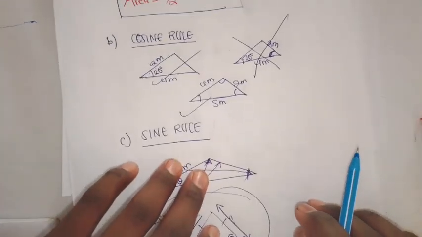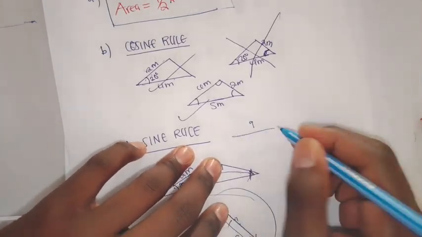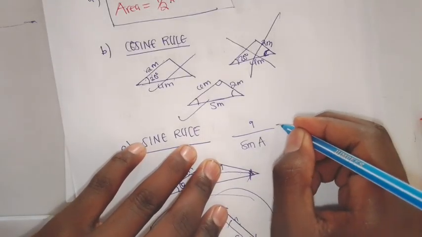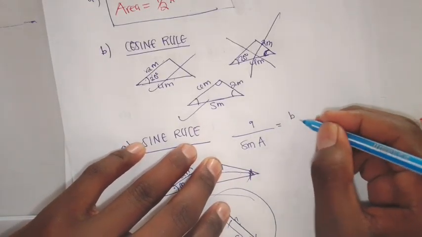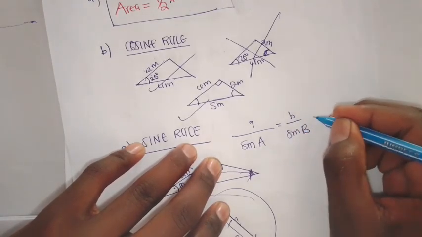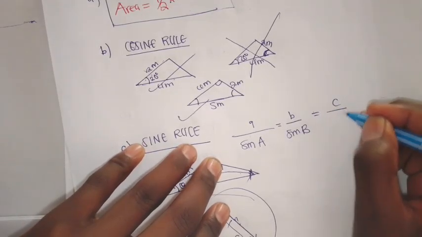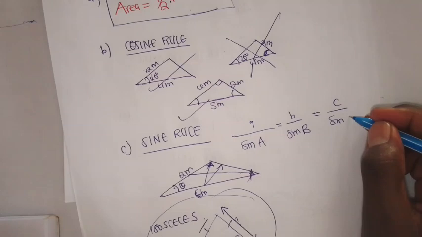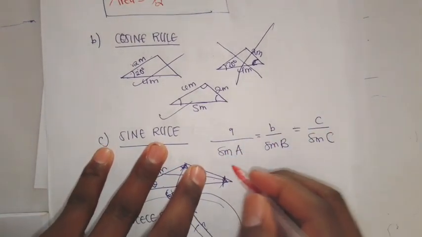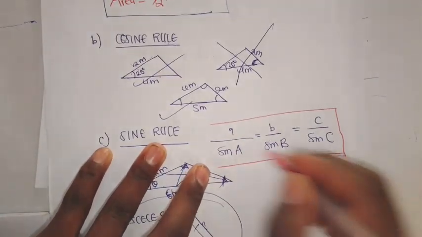There is this formula: A over sine A is equal to B over sine B is equal to C over sine C. This is the formula we use under sine rule.